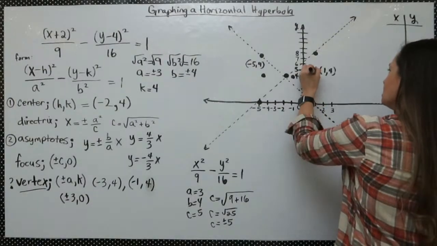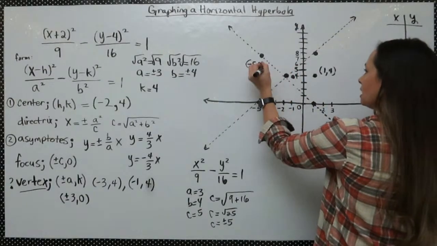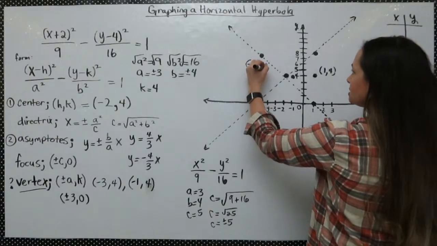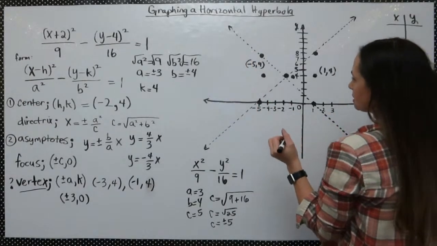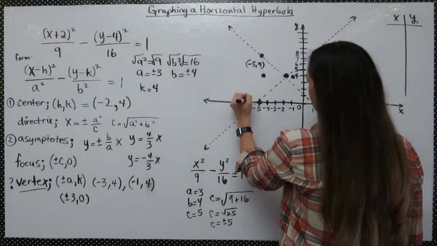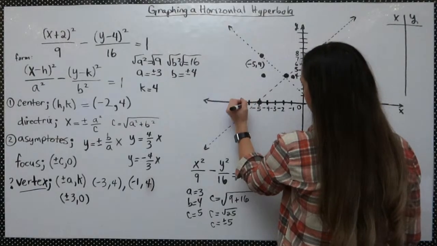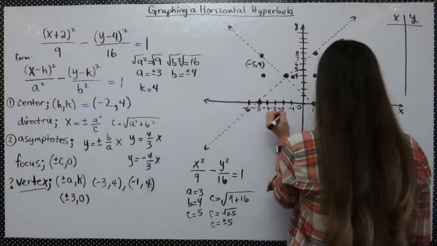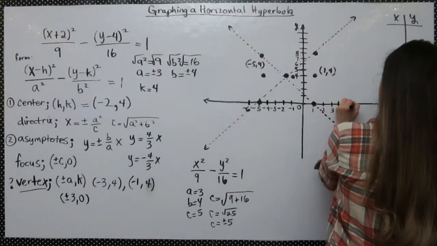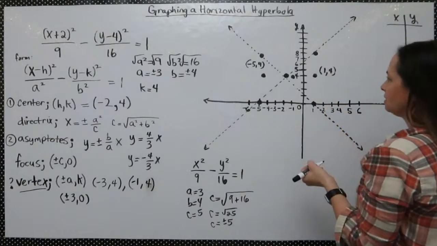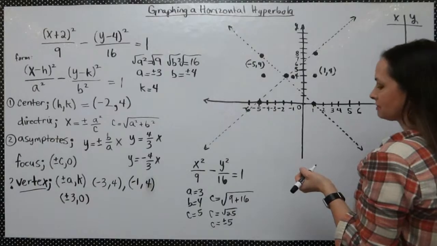And I have my center here, I have my vertices here, and I'm suspecting that it's doing this. But what I want to do is find some values right here around my vertices, so I can finish sketching this thing.